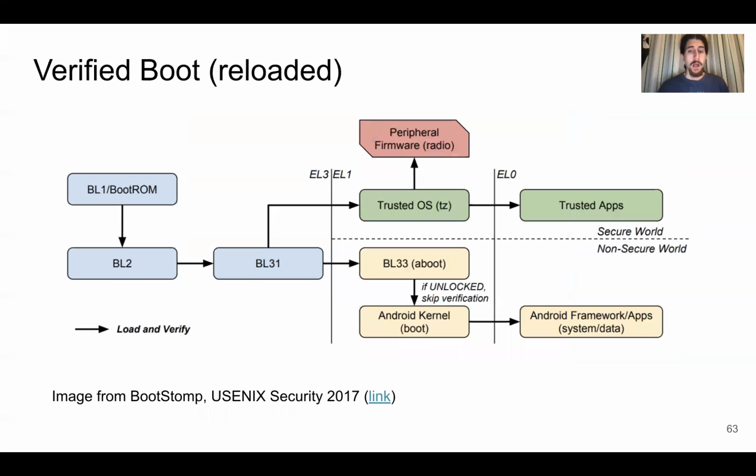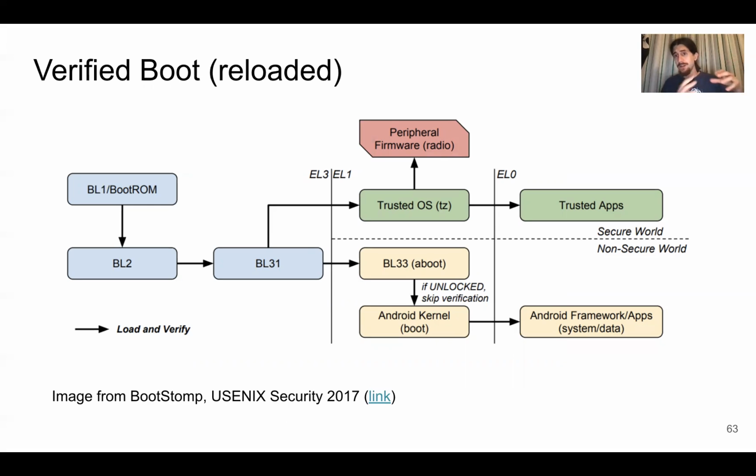Okay. All right. So I think this is the last slide I have, and it's basically another small slide from before, where I described verified boot. It's slightly more complicated, and this slide shows how the TrustZone component kicks in. So the way it works is that we have the bootrom, as I showed before, and then we have this BL2.